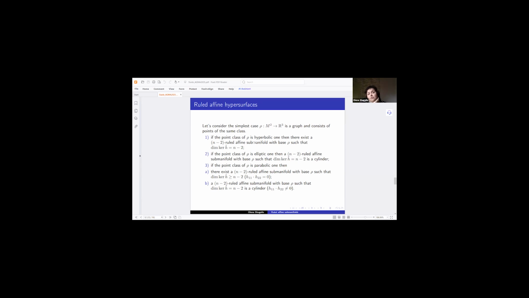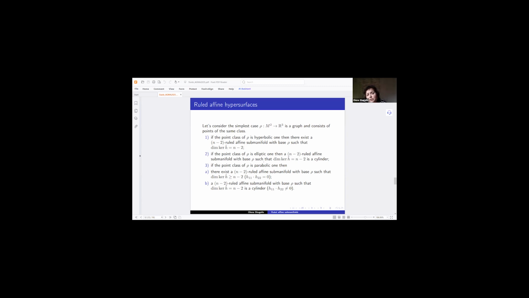If the point class of rho is hyperbolic, there exist n minus 1 ruled affine submanifolds with space rho and such that the dimension of the kernel is n minus 2. Here we assume that H is the affine fundamental form for the affine ruled submanifold, not rho, but R.